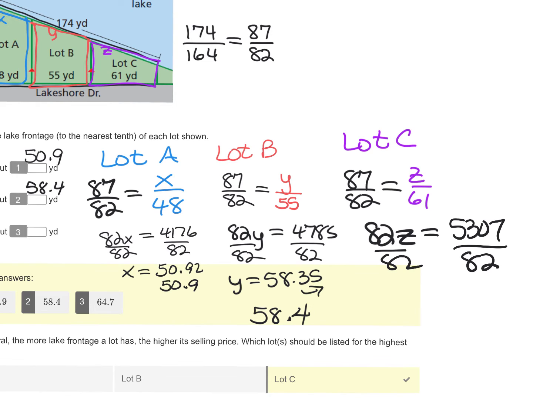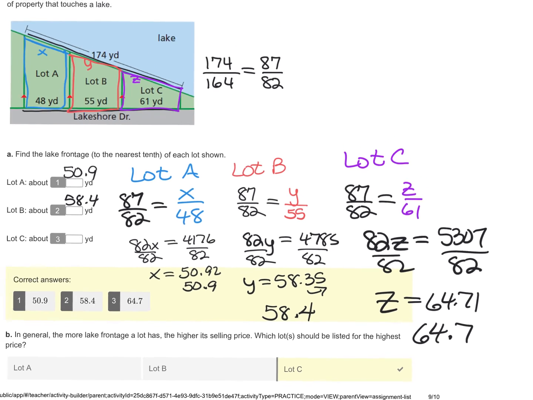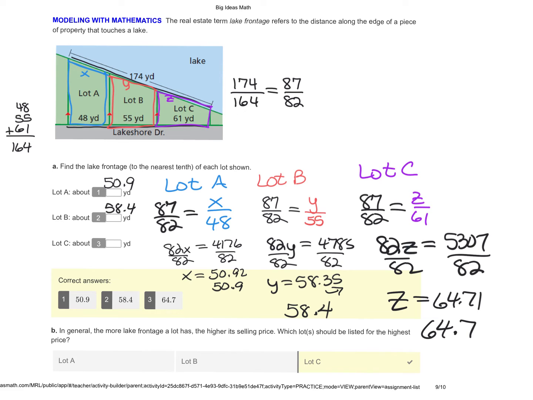Divide by 82. And Z, or lot C's lakefront, 64.71, rounded to the tenths, 64.7. So that's the 3 answers for part A.